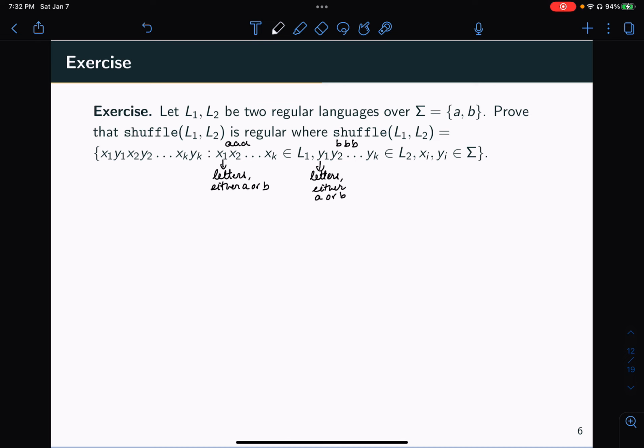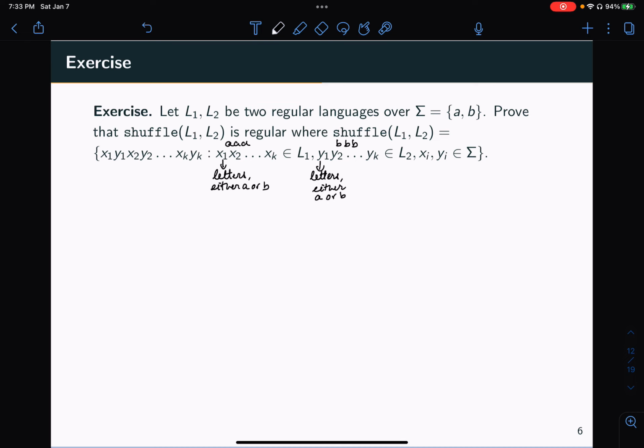Then the new string that would occur in the language shuffle L1, L2 would be the string that starts with x1, is then followed by y1, then x2, then y2, then x3, then y3, and so on. So you shuffle back and forth between a letter from the string in L1 and a letter from the string in L2.